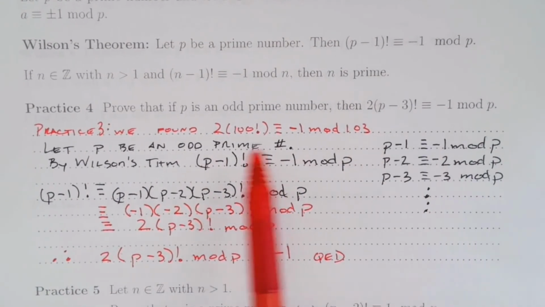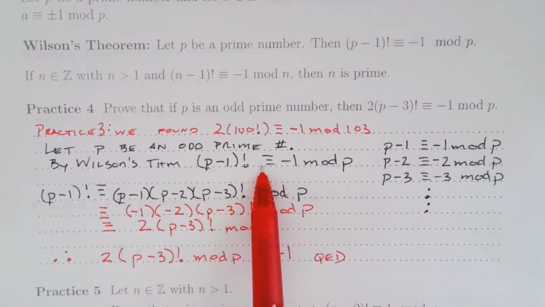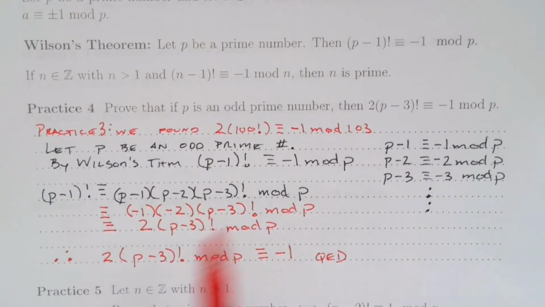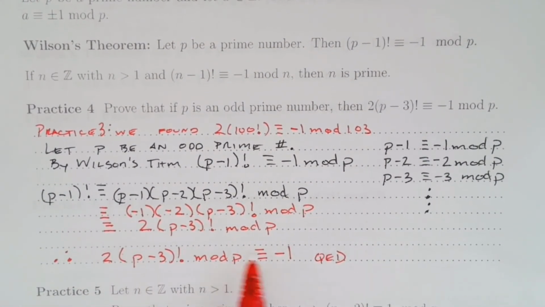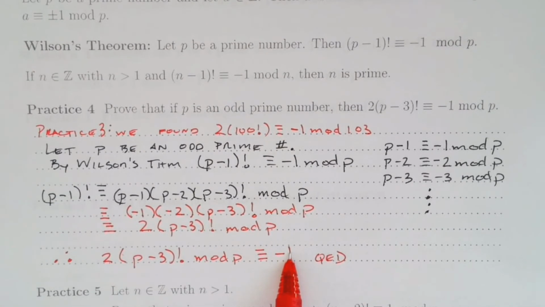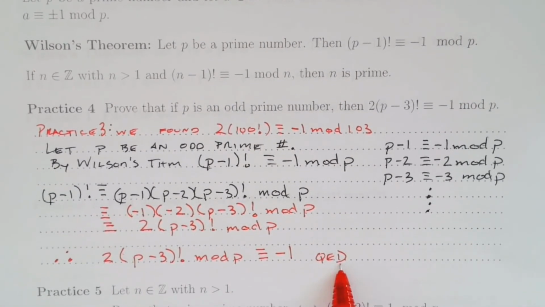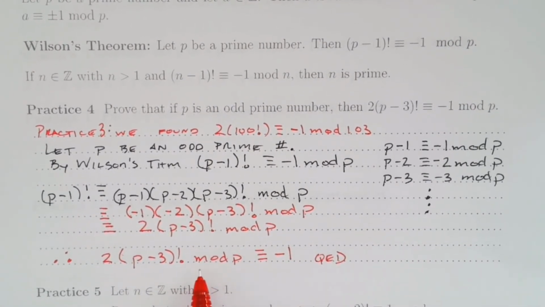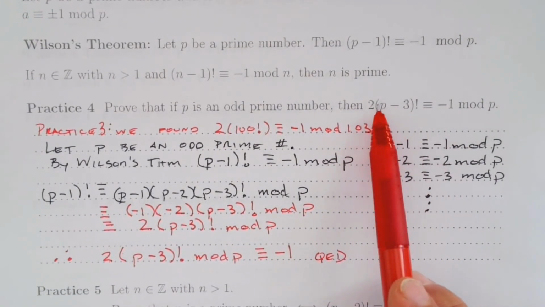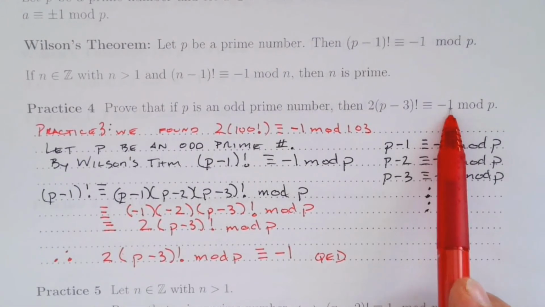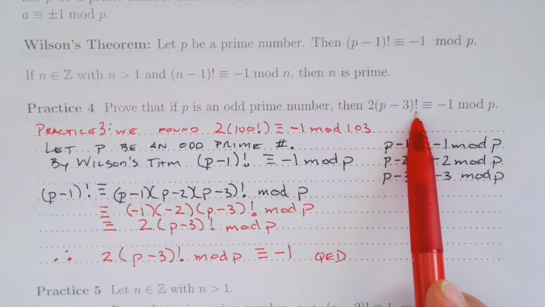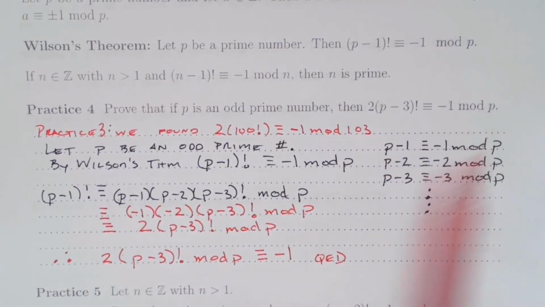And we know that (p minus 1) factorial is equivalent to negative 1 mod p. So that means that 2 times (p minus 3) factorial mod p is equivalent to negative 1, which is what we were trying to show, okay?